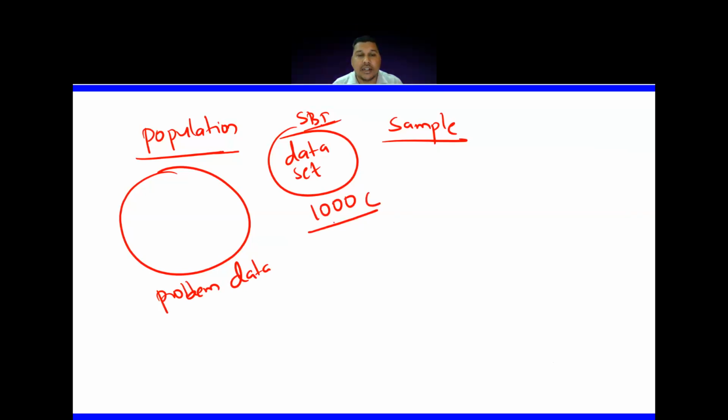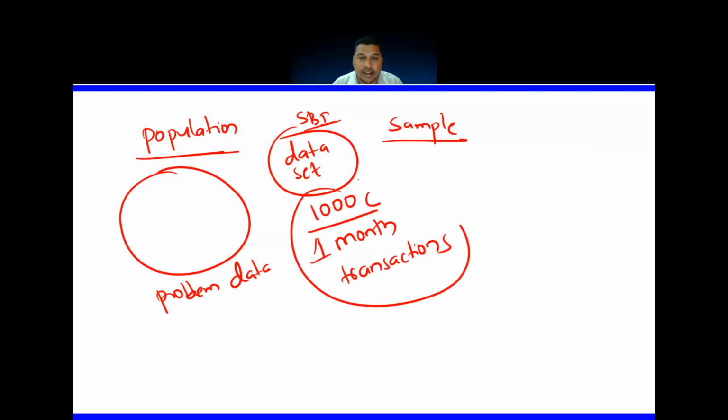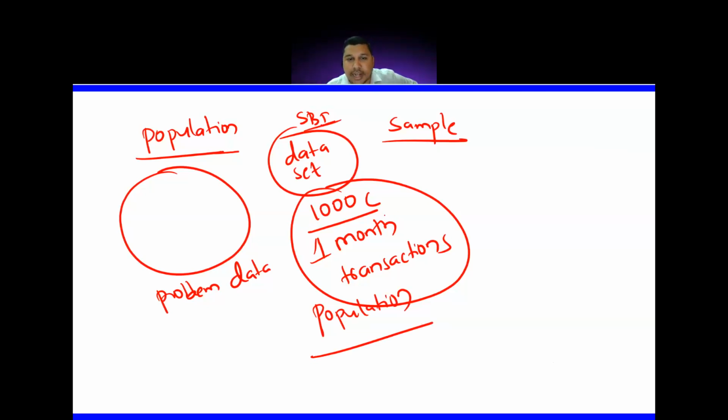So the last 1 month transactions of these 1,000 customers, the full data, can be considered as a population. Now, what is a sample? A sample is just a small part of this, randomly selected.